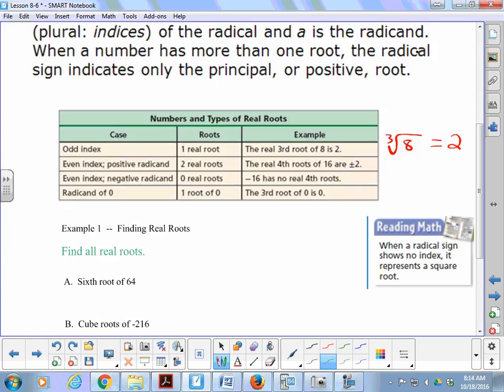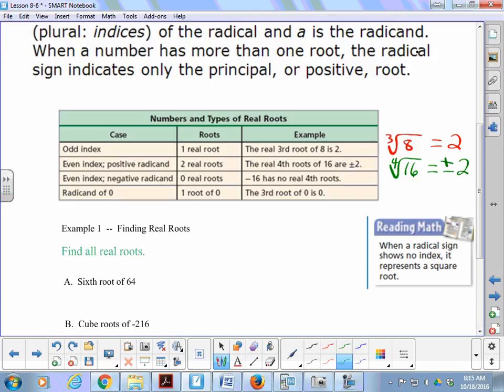If we have an even index, that's the root there, and a positive radicand, there would be 2 real roots. So if we said the fourth root of 16, this is going to be plus or minus 2.